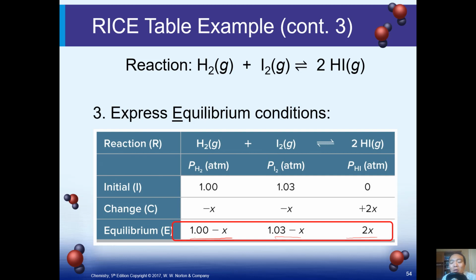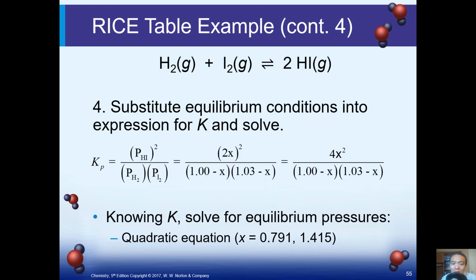If you are given the K, those are the concentrations or partial pressures you use, because the equilibrium constant is based on final or equilibrium concentrations or partial pressures. So in this case, when you write a Kp expression, it's the final or equilibrium partial pressures. So it's 2x, the whole thing raised to the 2.